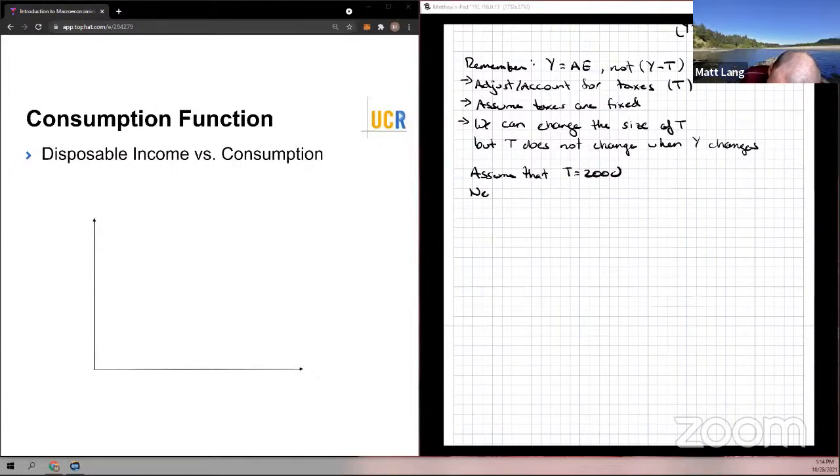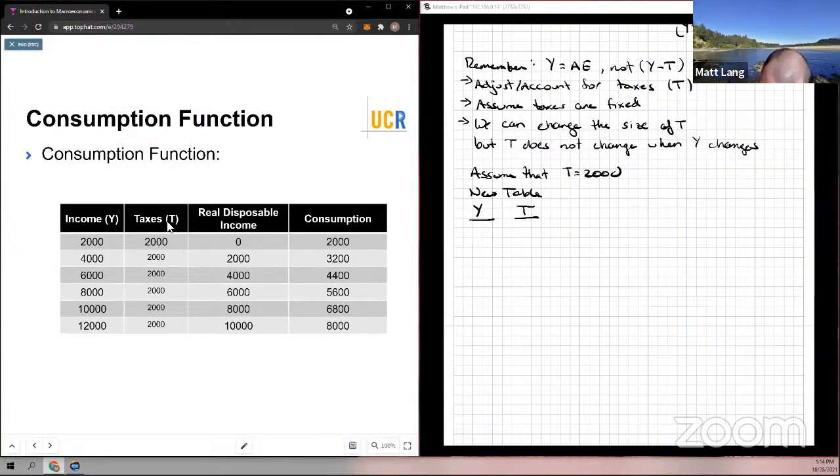Our new table will give us y, it will give us t, breaking those two things up, and then we'll have disposable income, which is y minus t, and then consumption at the end. When disposable income was 0, taxes were 0, so y was also 0, and our consumption at that point was 2,000.